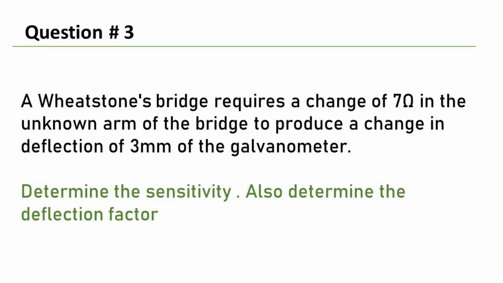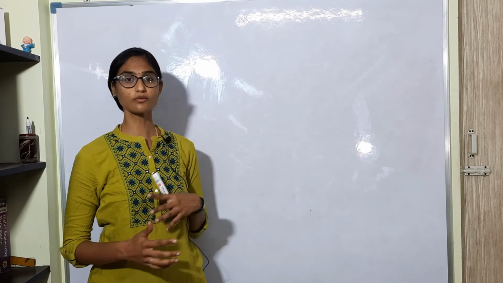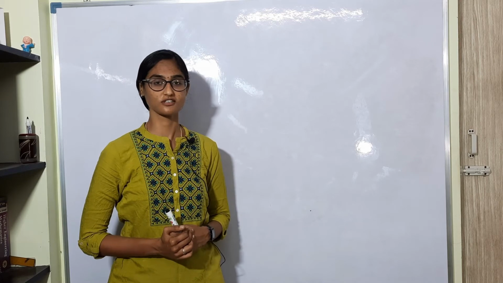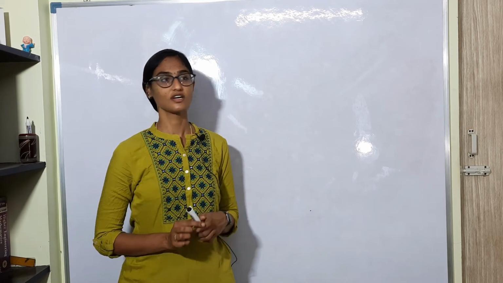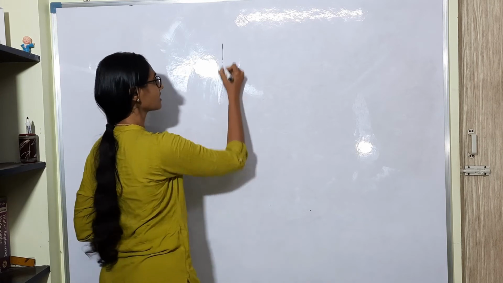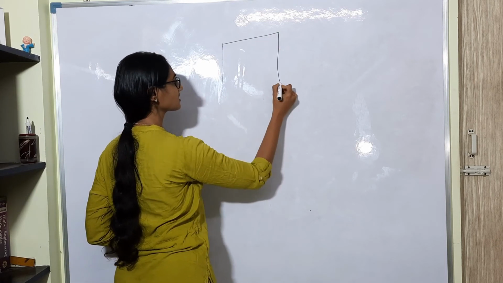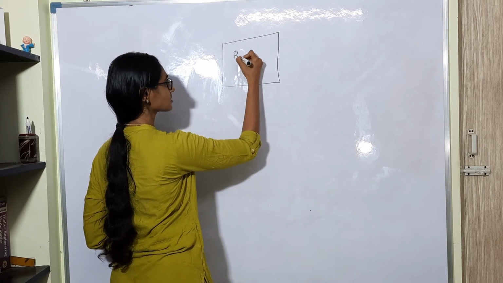A Wheatstone's bridge requires change of 7 ohm in the unknown arm of the bridge to produce a change in deflection of 3 mm of galvanometer. Determine the sensitivity. Also, determine the deflection factor. I hope you all would have known what a Wheatstone's bridge is. But you don't have to know all that in order to solve this problem. You can just imagine that Wheatstone's bridge is nothing but a resistance measuring device.